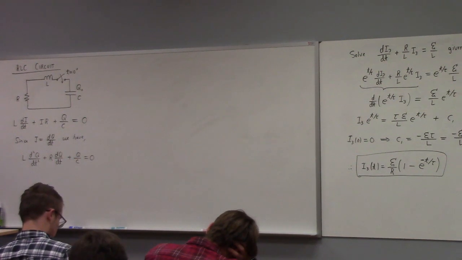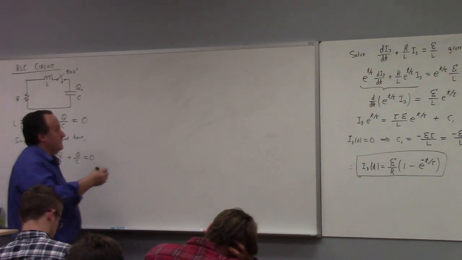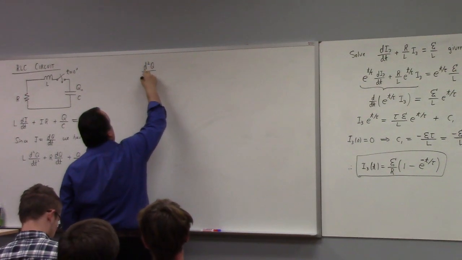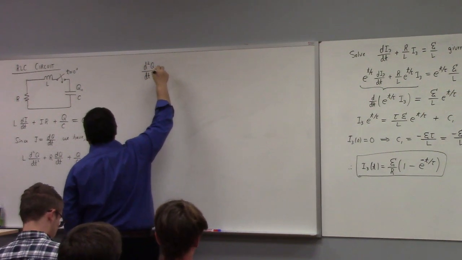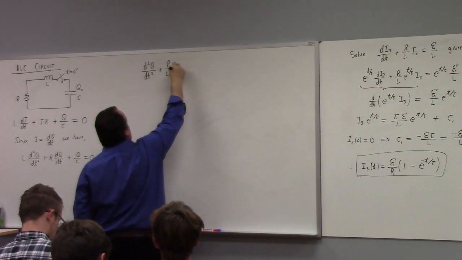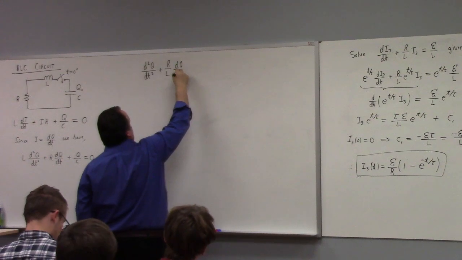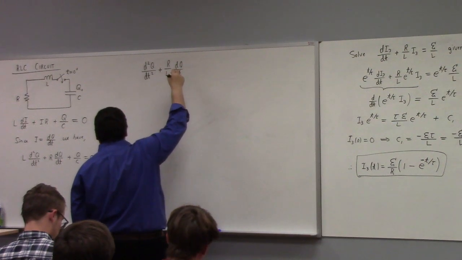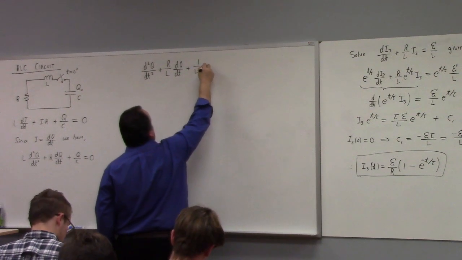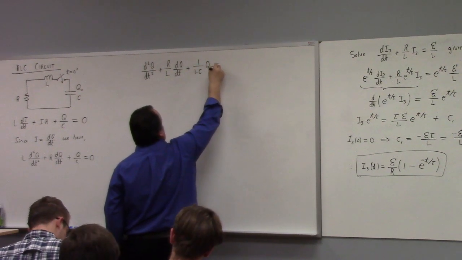All right? Which I'll rewrite a little bit. This can be rewritten as d squared q/dt squared plus R over L dq/dt plus 1 over LC q is equal to 0.